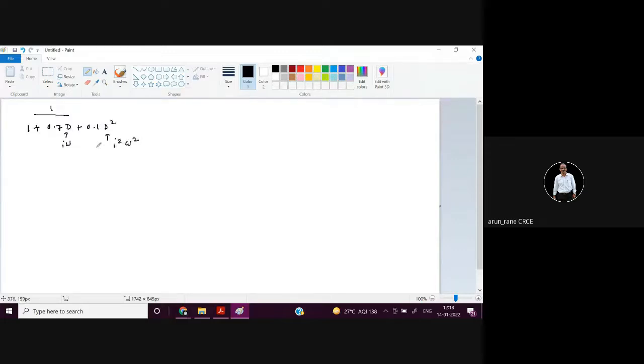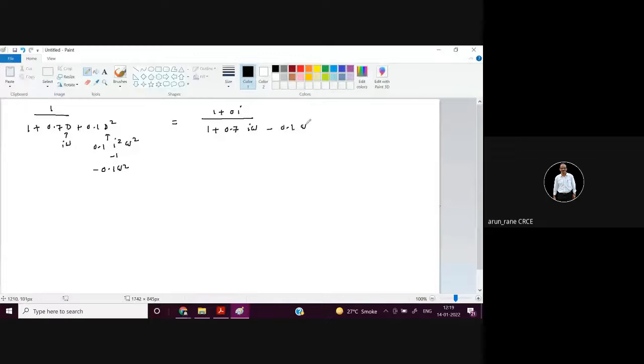Okay, and 0.1. Now I square is nothing but minus 1, you know this. So this will become minus 0.1 omega square. So now this can be written as 1 plus 0 I divided by 1 plus 0.7 I omega, minus 0.1 omega square.